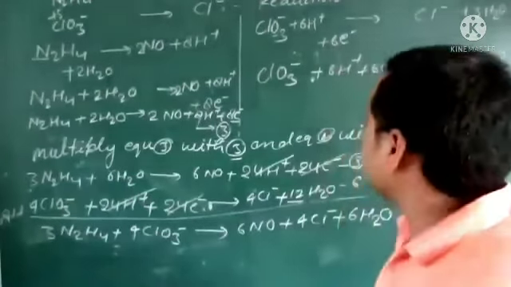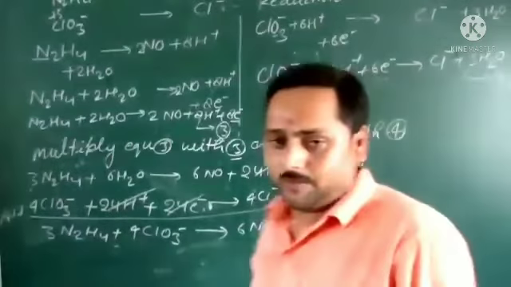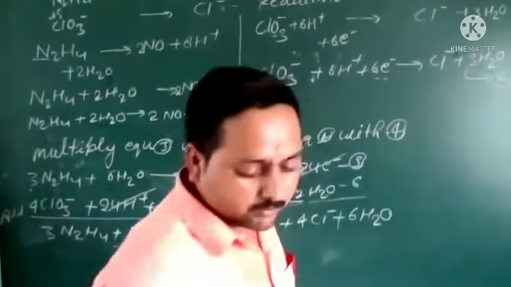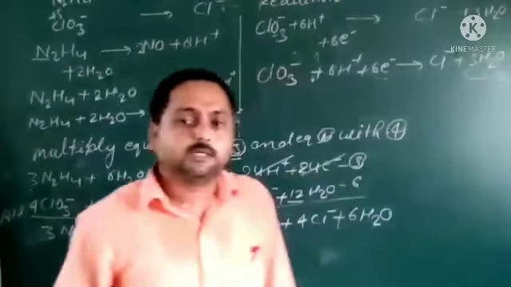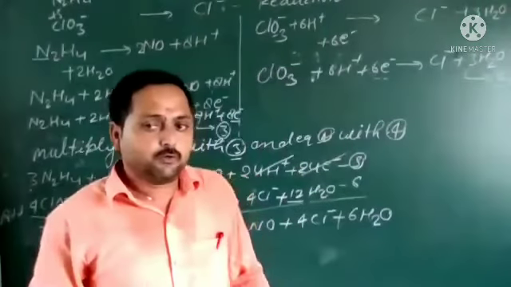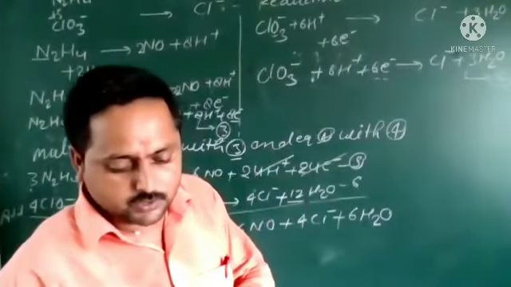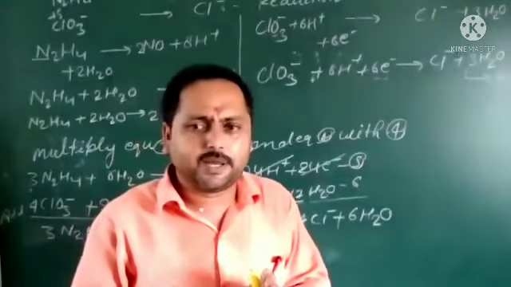So I'm giving you some questions, and please try to solve them by yourself. Otherwise, you can see in your book that is 8.19. One question I have solved, and 2 or 3 questions are remaining in that.